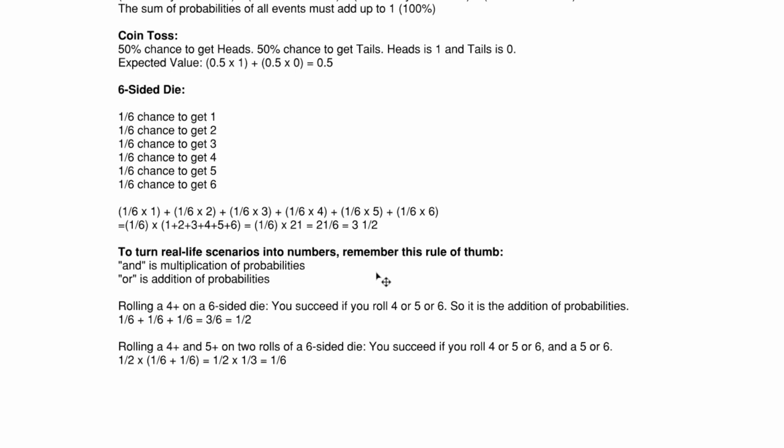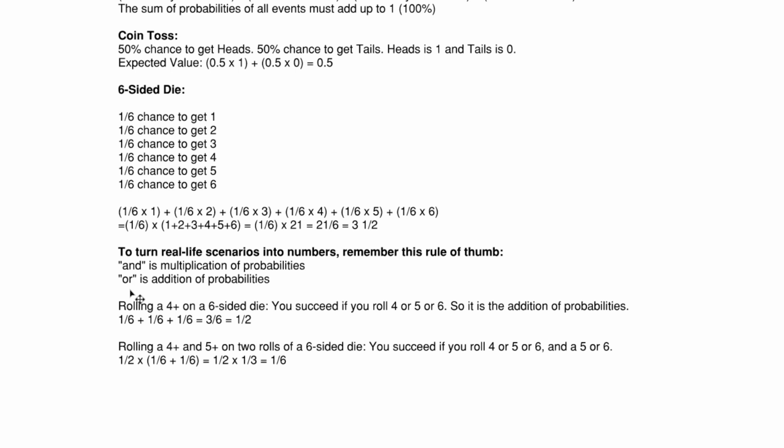Now, when you're trying to find the probability of something and you're trying to convert a real life scenario into numbers and formulas, there is this rule of thumb that comes in 2 parts. First, if you see the word and, then consider that you're multiplying the probabilities.